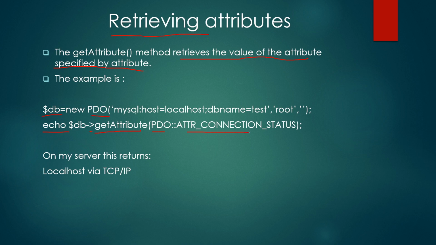This is one of the attributes which will give you the connection status. Here I have used the getAttribute method, so we will get the value that it is holding. If I run this program, I will see localhost via TCP/IP. Firstly, I'm making the connection, and then I'm seeing the value this attribute is holding.